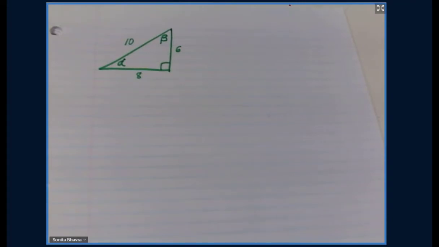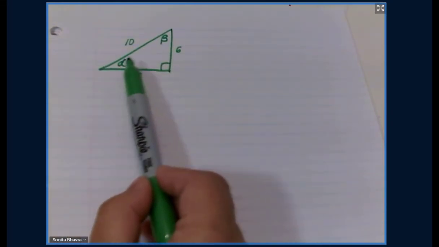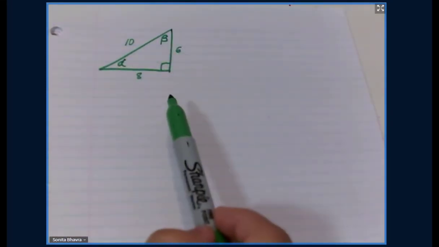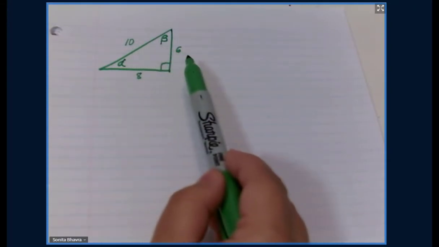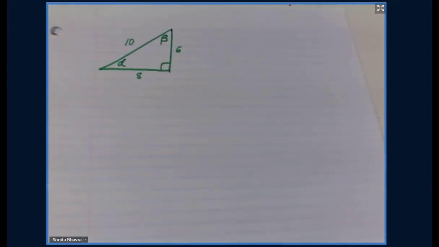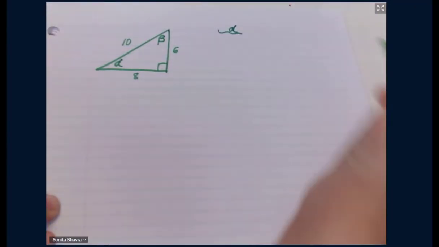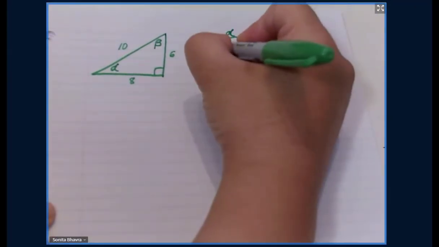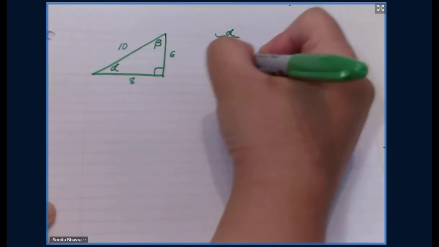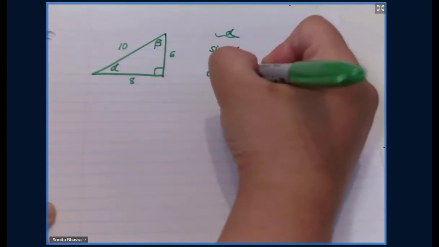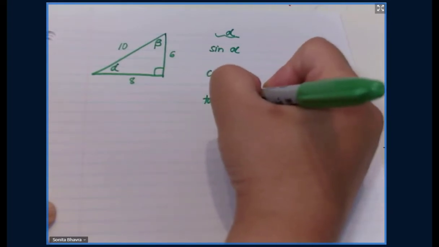Okay, so in this example, we are given a triangle with angle alpha, angle beta, and we're given our sides. We have sides of 10, 6, and 8. All right, so I'm just going to label this depending on the angle. We'll look at angle A or alpha first, and we're going to get the sine ratio, the cosine ratio, and the tan ratio for it.